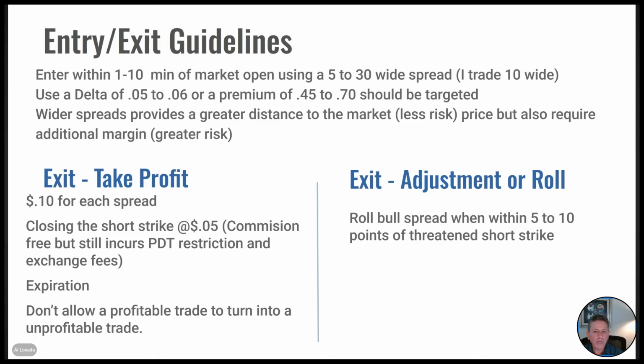When you're adjusting a trade, I roll most of the time with the put side and the call side, depending on where the market is. If it gets very high and close to the money, I'll roll that trade.